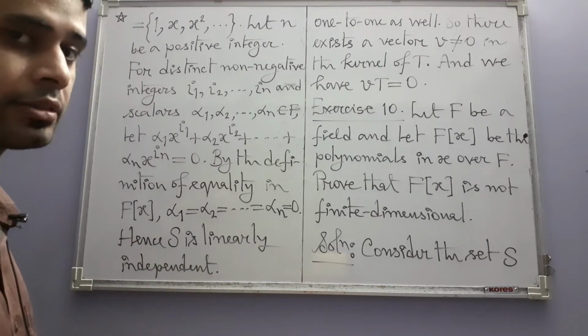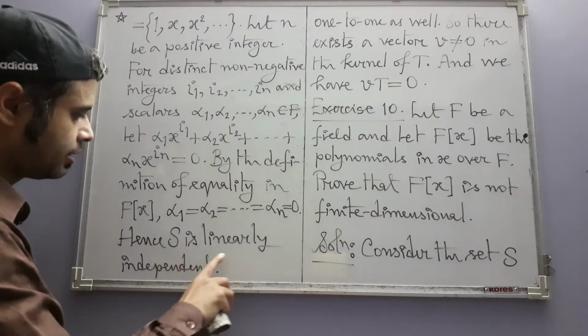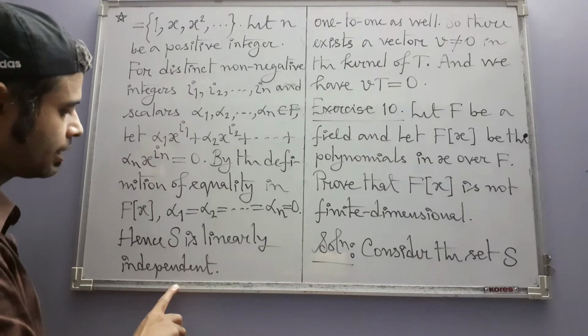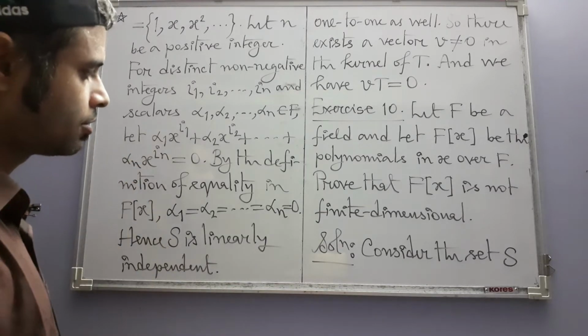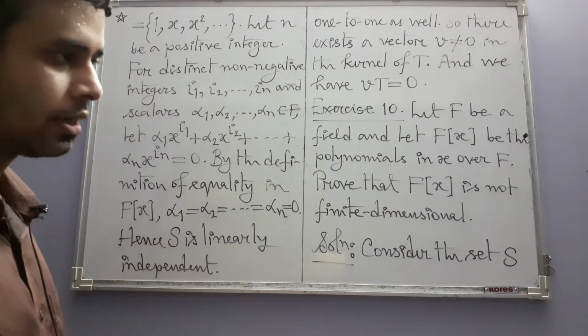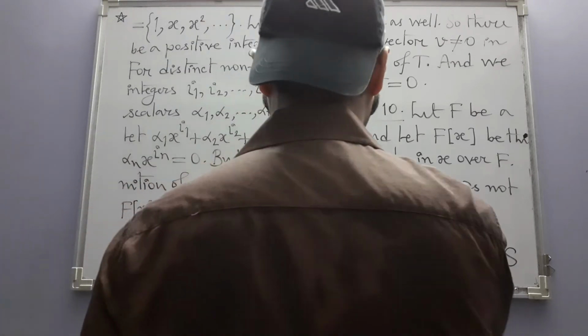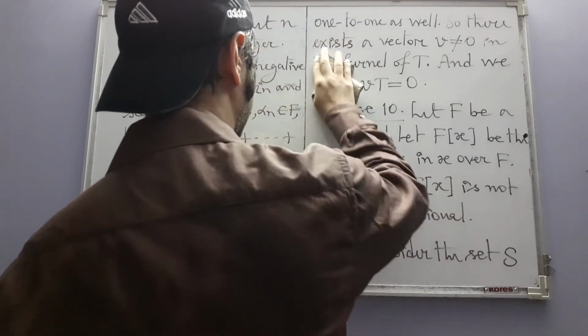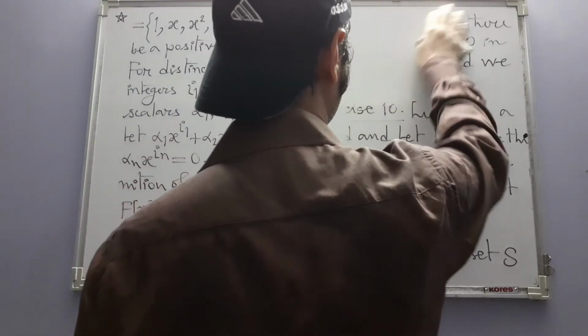It cannot be larger than n. Now here we have obtained a linearly independent set whose size actually is infinite, because S is an infinite set. So the vector space cannot possibly be finite dimensional, and that's why it is not finite dimensional. So that's the conclusion we are now going to write, and that in fact will complete the solution.